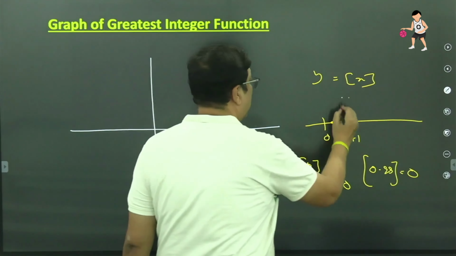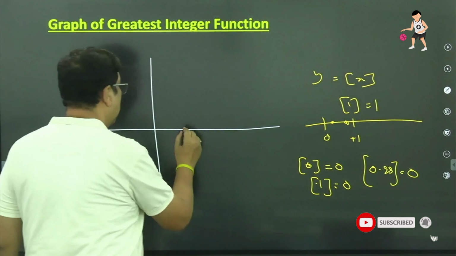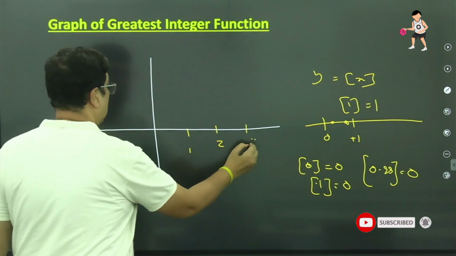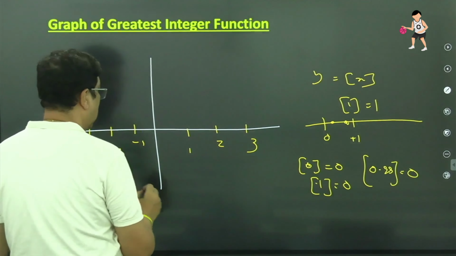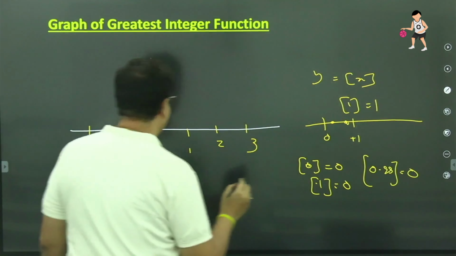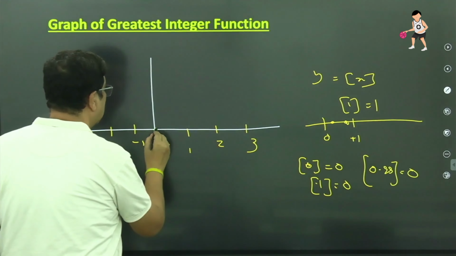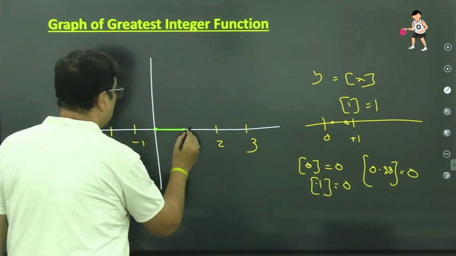When x is coming to be 1, this is coming 1. Therefore we can say here that is 1, 2, 3, minus 1, minus 2, minus 3, okay. Therefore we can say here between 0 and 1, this is coming 0. This means this graph is coming 0.